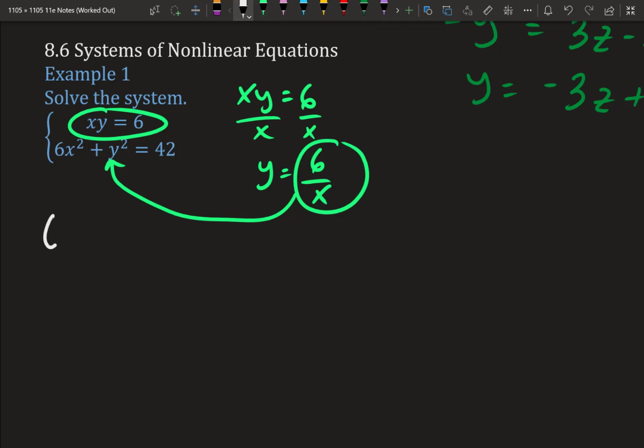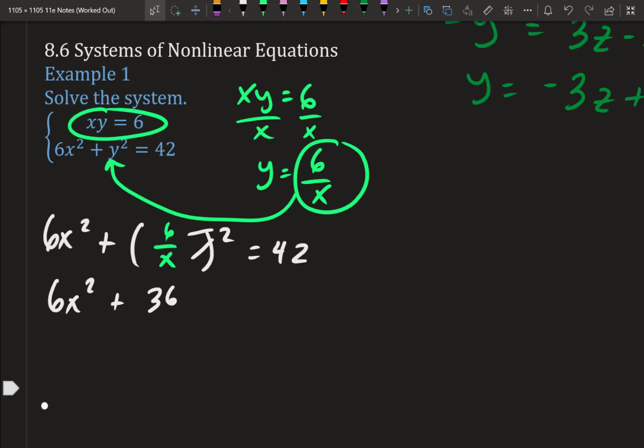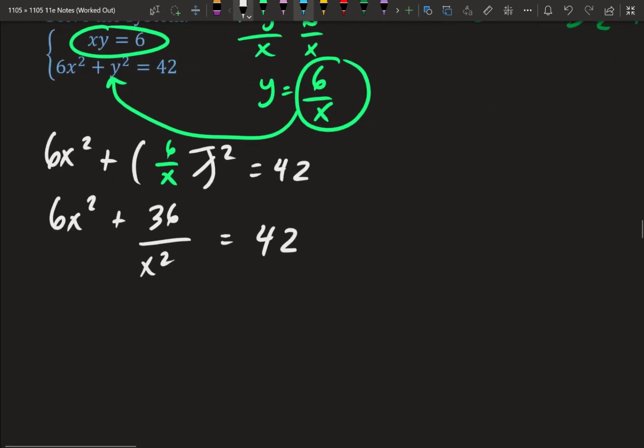So we have 6x squared plus y squared equals 42, and that y is 6 over x. So we need to square it, and we get 6x squared plus 36 over x squared equals 42. I want to get rid of this ugly fraction, so I'm going to multiply by x squared.